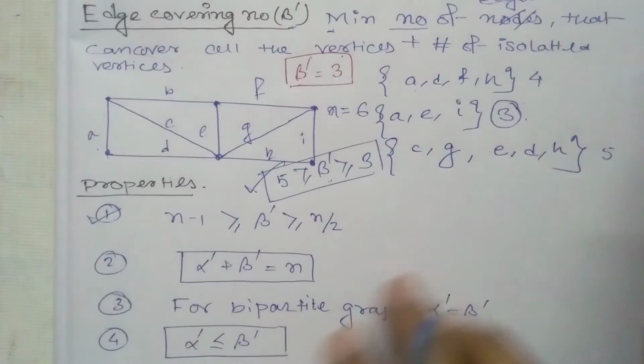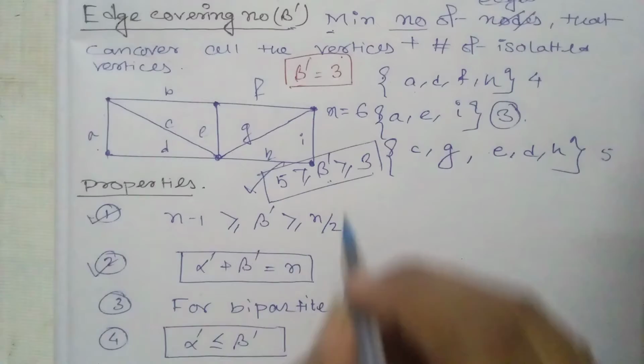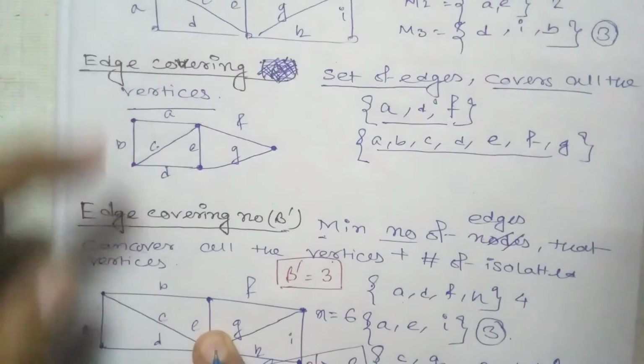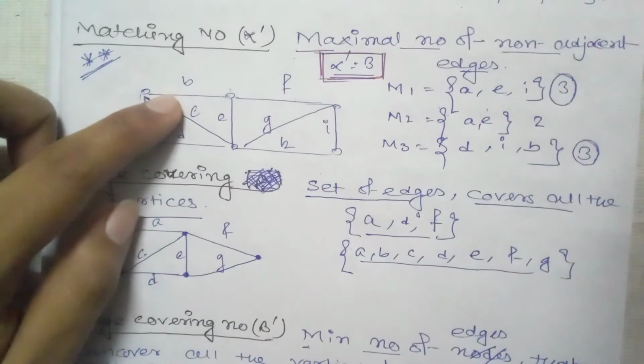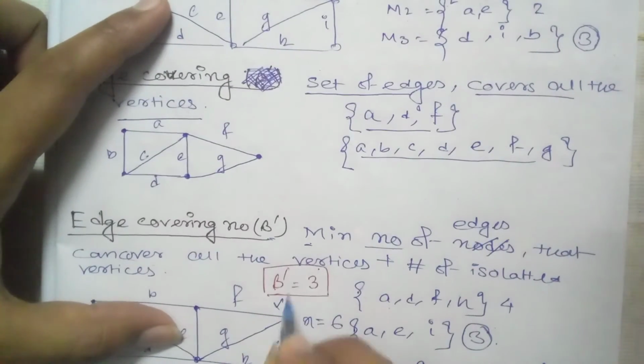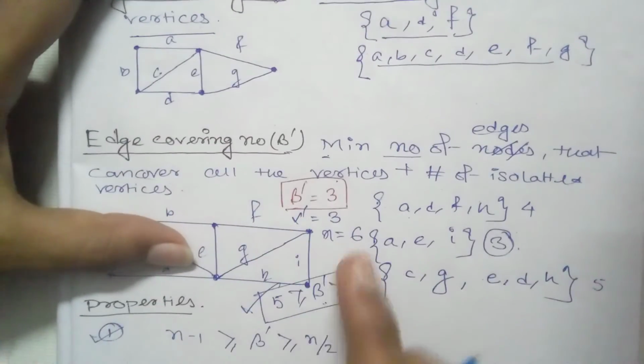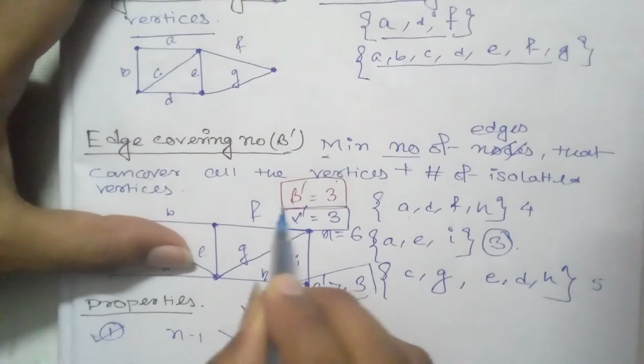Now the next property says that alpha dash plus beta dash is equal to n. This graph and this graph are the same graph. For this graph beta dash is 3 and alpha dash is also 3, which we have already calculated. So this is alpha dash and this is beta dash.